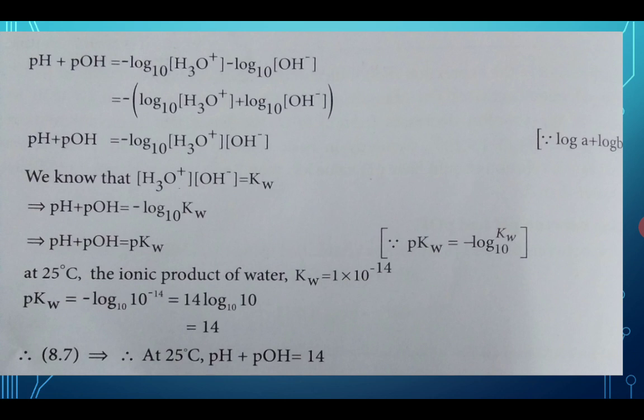Log 10 to the base 10 becomes 1, therefore you will be getting 14. So this implies that at 25 degrees Celsius, pH plus pOH together is equal to 14.